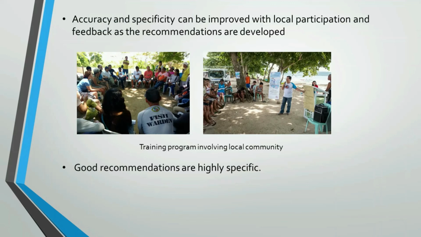Second, accuracy and specificity can be improved with local participation and feedback as the recommendations are developed. For example, a training program involving local communities should be created to teach about the value and contribution of marine and coastal resources.